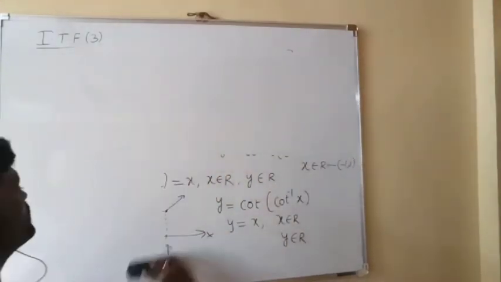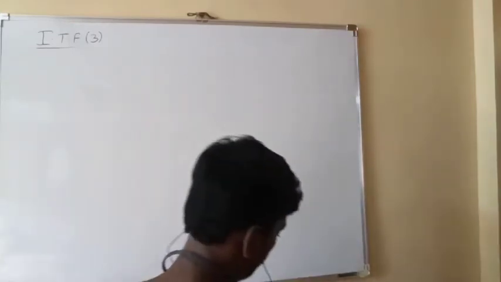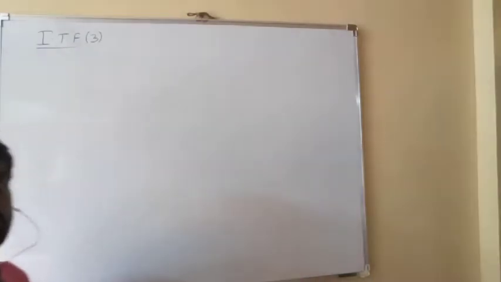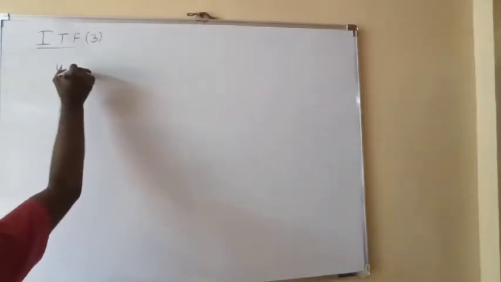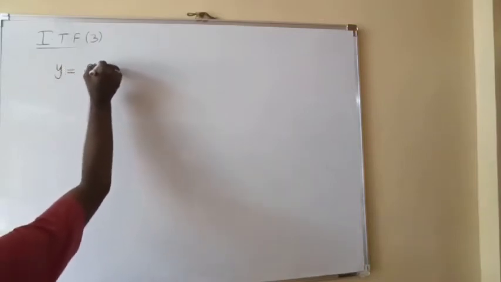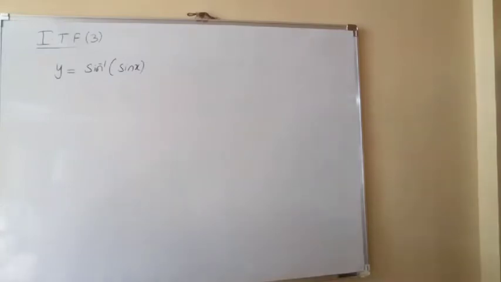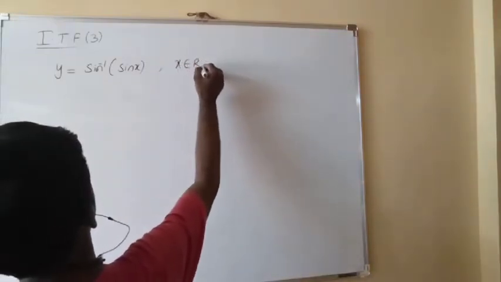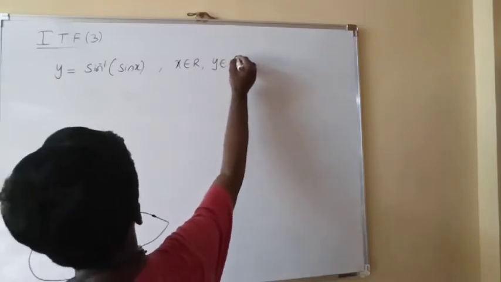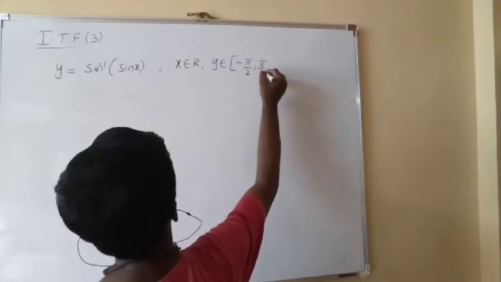So after these 6 graphs, the next important graph is sine inverse of sine x. What is the graph of y is equal to sine inverse of sine x? Remember, the domain of this function is all real numbers, whereas the range is the closed interval minus pi by 2 comma pi by 2.